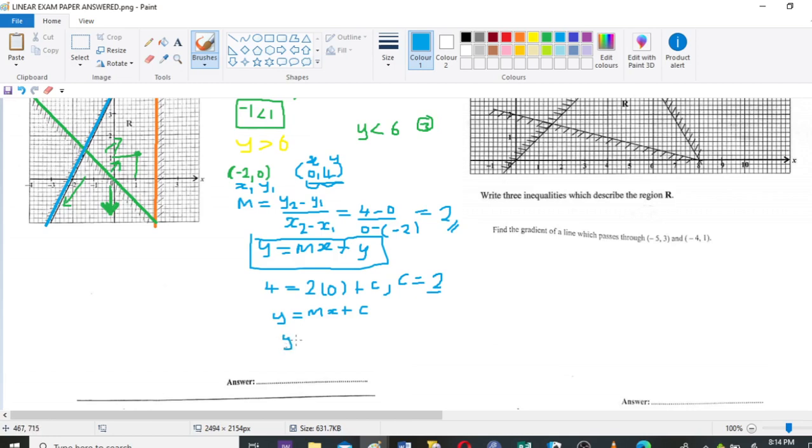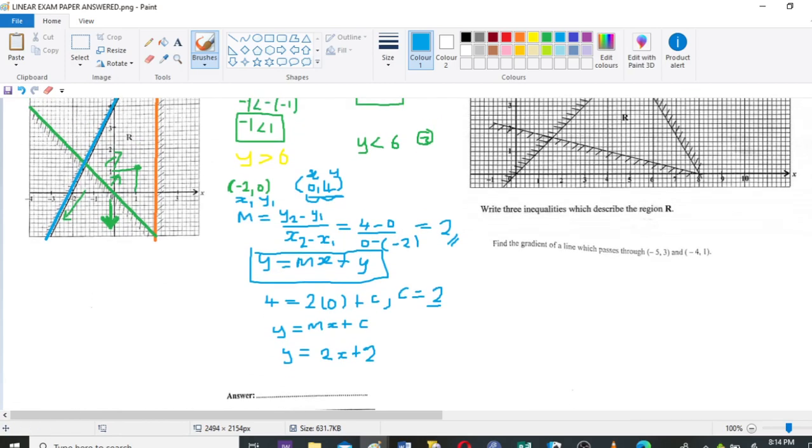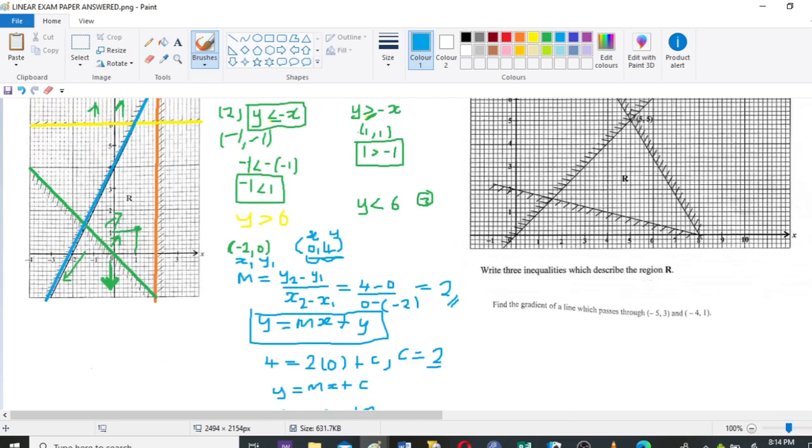So replacing m with 2, which is our gradient, and c with the constant, we get the equation describing the line, right? That is the line. Now we are looking for the inequality describing this line.